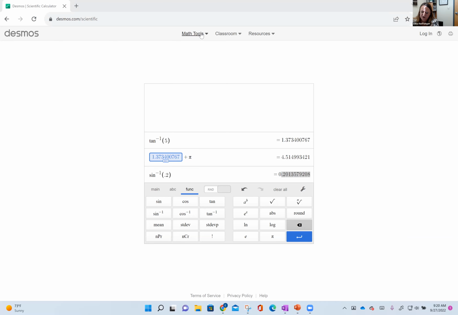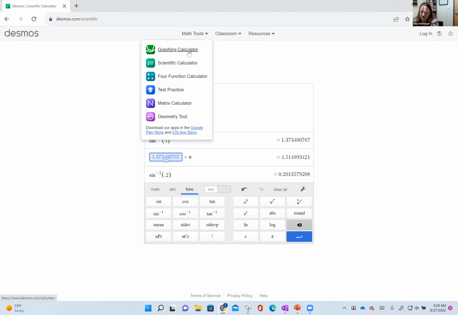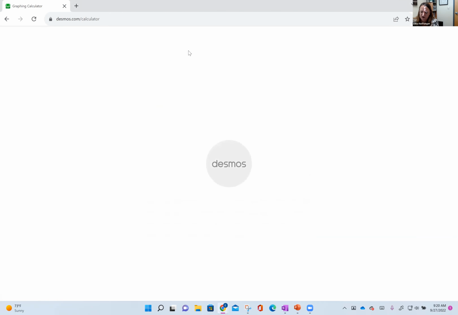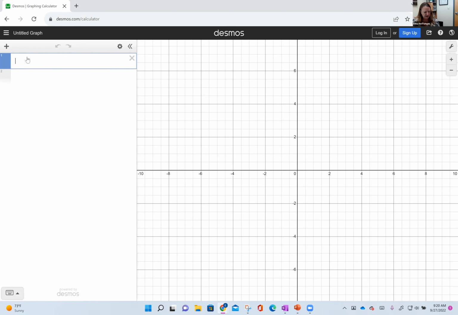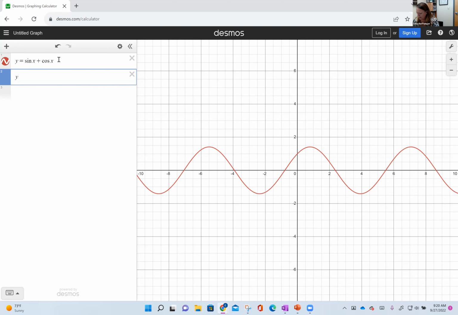And I'm going to go to my math tools. I'm going to go to the graphing calculator. And then let's plug in our equation. So we had y equals sine x plus cosine x. That was one equation. The other equation was y equals x. And looking at this, I can see that we're intersecting in one spot.